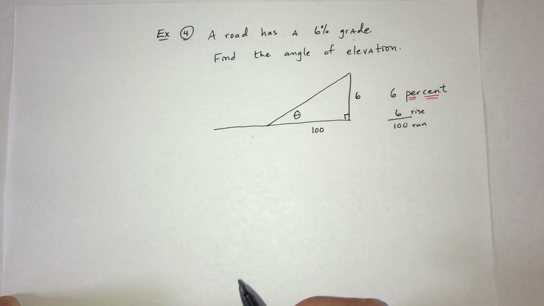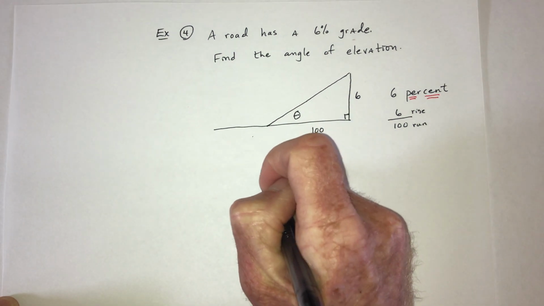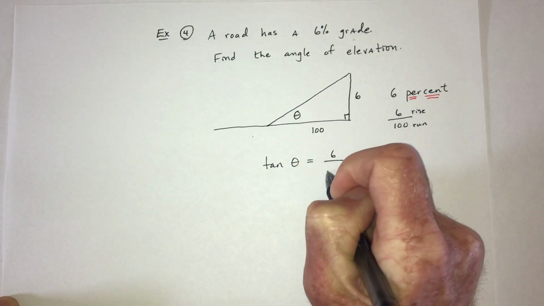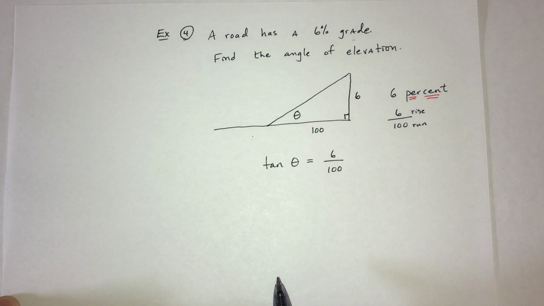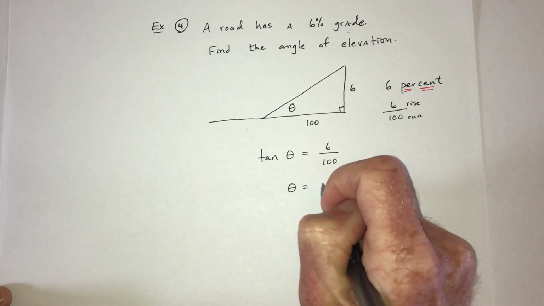Okay, now to find out theta. Well, that's opposite and this is adjacent, so it's going to be tangent of theta equals 6 over 100. And there's only one last thing to do to solve for theta. Take tangent inverse of both sides.